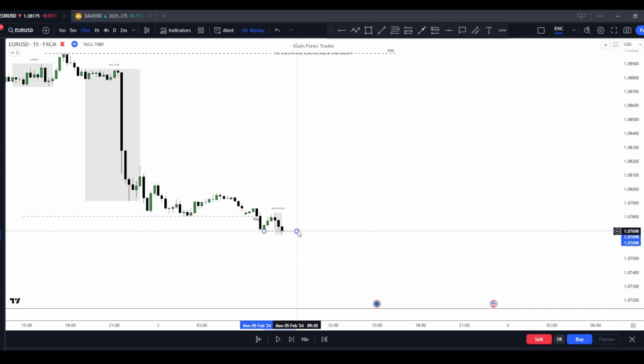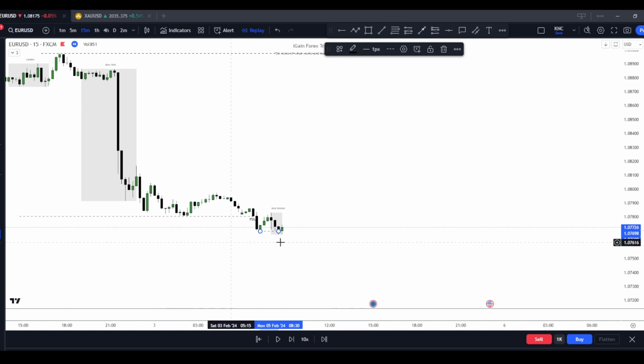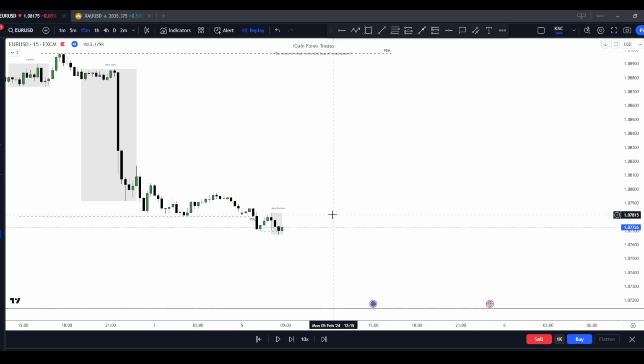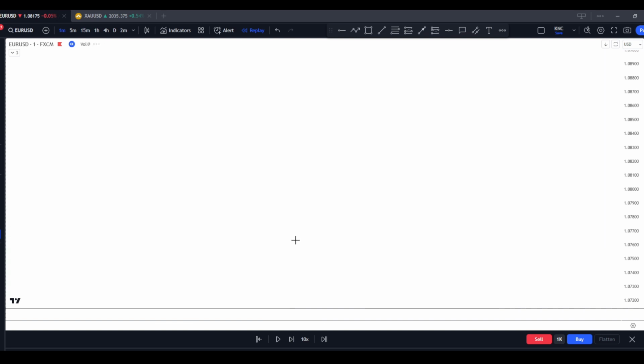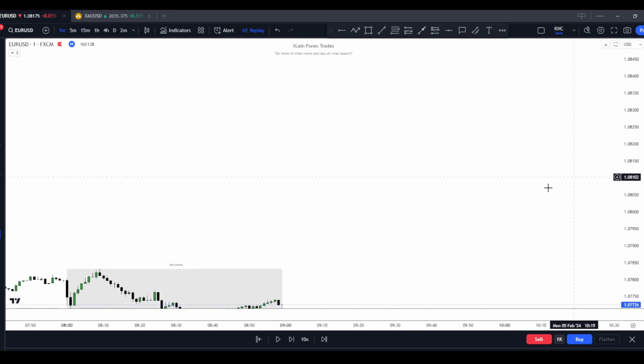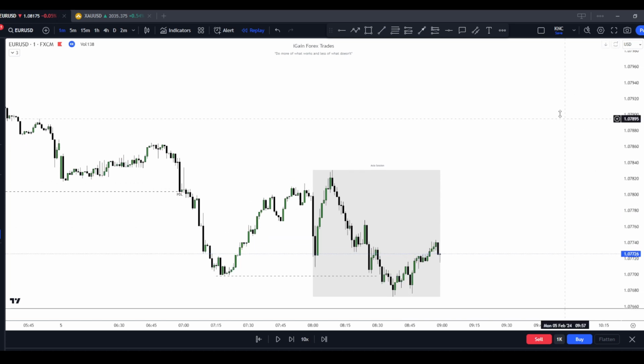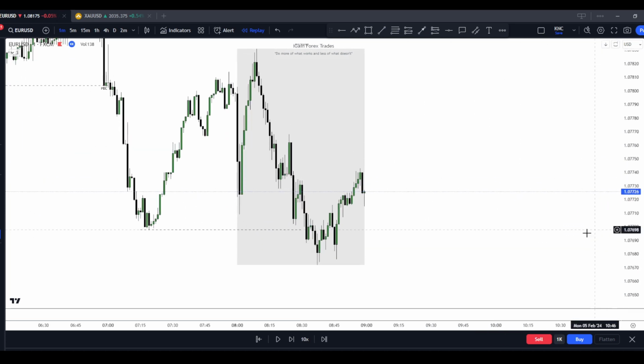Okay, guys, so we have taken out this liquidity here. Let's go down to 1 minute time frame to look for a confirmation entry if we could see a buy setup. Here we go, guys. There you go.